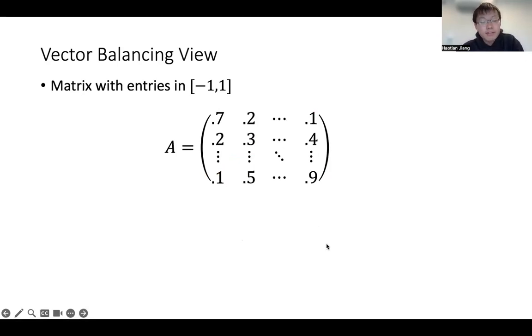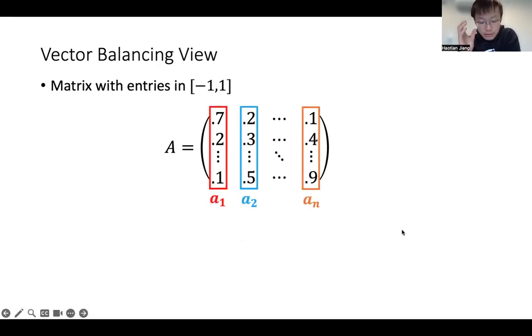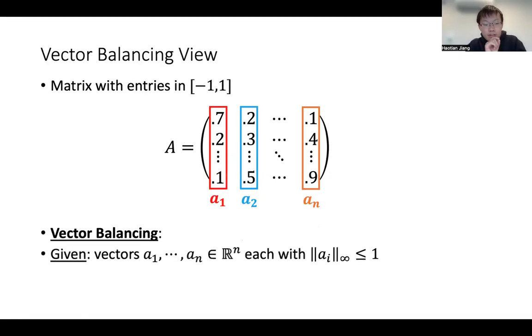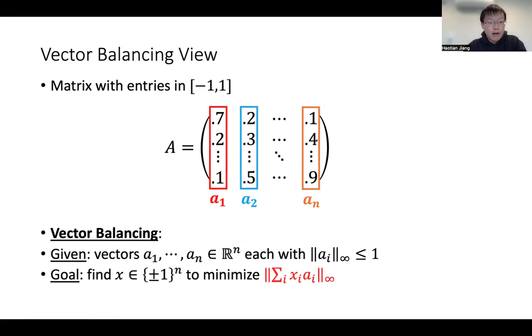The same set of techniques would work for any matrix whose entries are between -1 and 1. If you're given such a general matrix and you denote the column vectors as A1 to An, then we reach the following more general vector balancing question. You're given these vectors A1 to An, each has L infinity norm at most 1. Our goal is to find ±1 signs to minimize the L infinity norm of the signed sum.